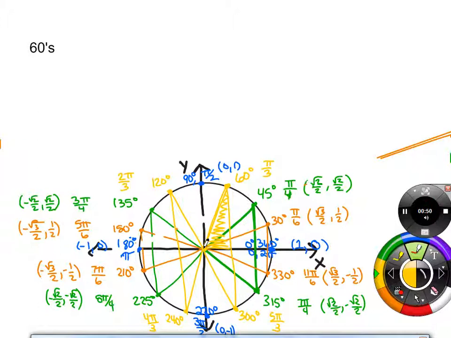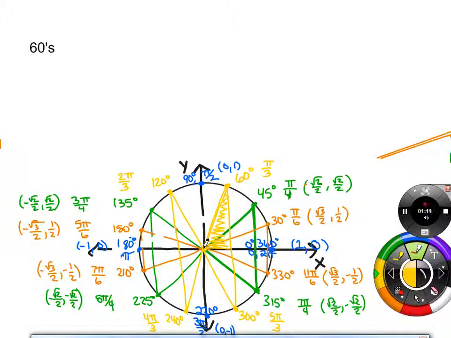So I personally have memorized that for every 30 or 60, the numbers that are going to pop up are going to be either 1/2 or root 3 over 2. But again, you guys know I struggle with strict memorization. So what I like to do is then reason it out. I always think to myself, is this a 60 or a 30?